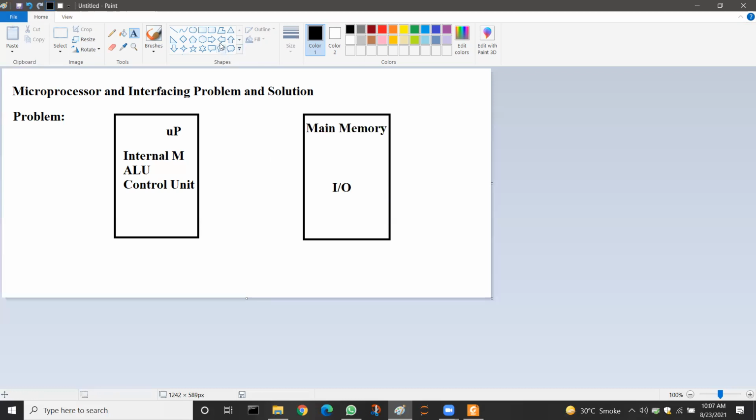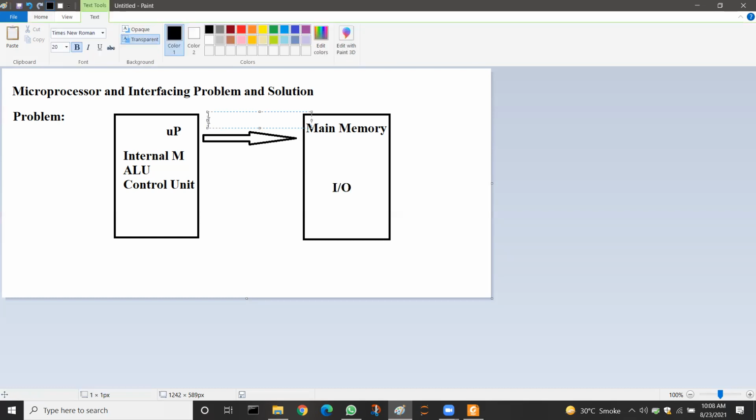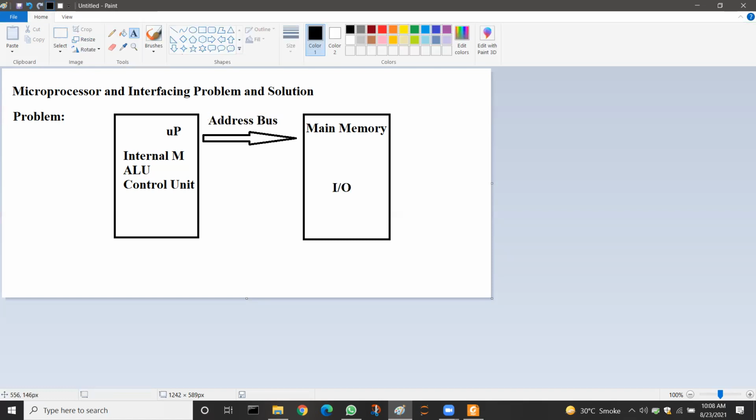For this, some data bus, some bus structure or wiring is used. First of all, we have the address bus, so that we can locate the area of main memory and/or the I/O buffer from which the microprocessor needs to read or write.